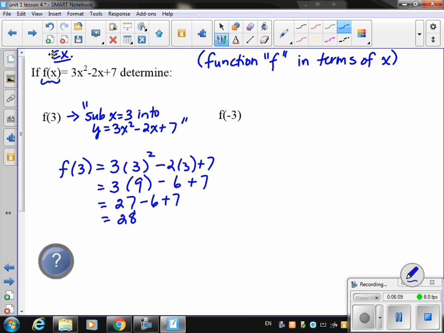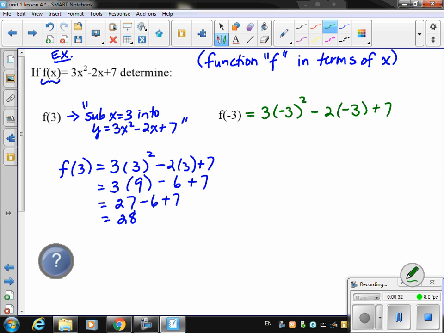Don't be afraid to check my arithmetic. Function notation over here says f of negative 3. That means put a negative 3 in wherever you have an x. So I would write 3 times negative 3 squared, subtract 2 times negative 3 plus 7.